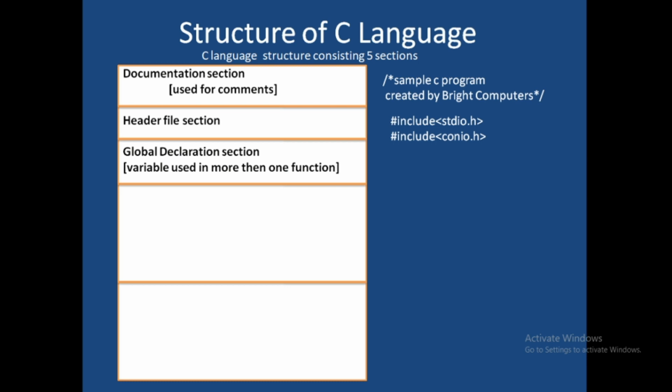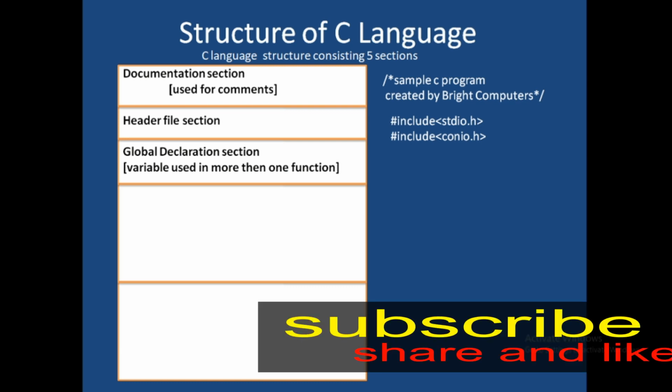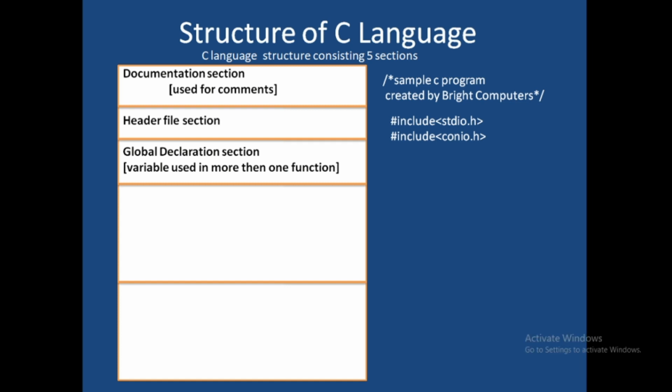If you want to use one value in all the functions in our program, then if you write this value in a single function, we cannot use it in other functions. For that purpose we have the global declaration section.